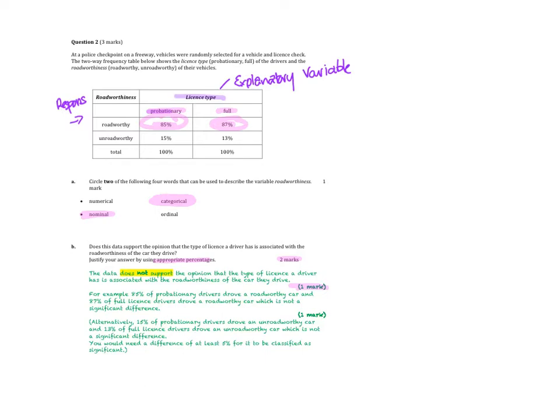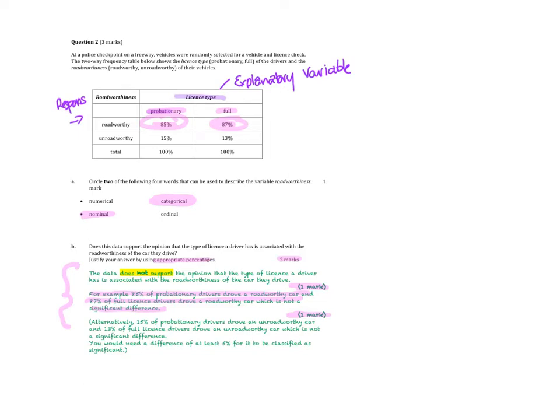So you say it doesn't support, and then you can see they've used that stat, so there's not a significant difference, and that's 1 mark. Alternatively, you could have said the other stat because they both got low. But let's just use the big one. But there's an example for you. So you have an example of if it's not associated, you can copy this wording. Can you see what I mean?